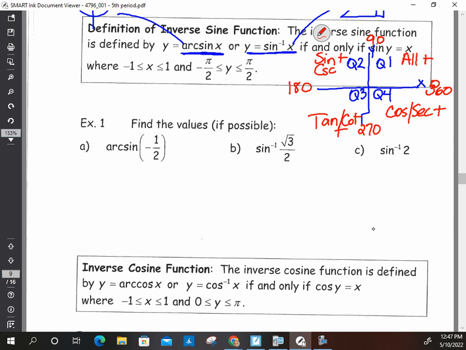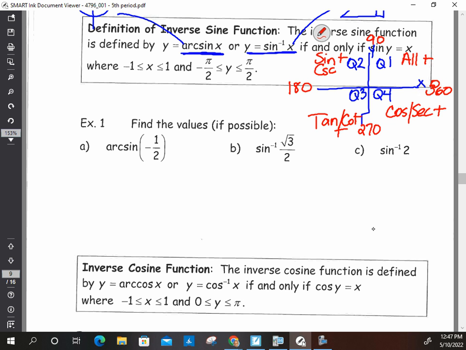Now, there are several nuts and bolts that explain just why that happens. That's proof that you would get into in pre-calc. They would more or less prove to you why it exists. In your particular case, you just need to know that it exists.